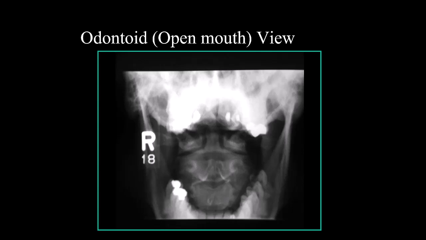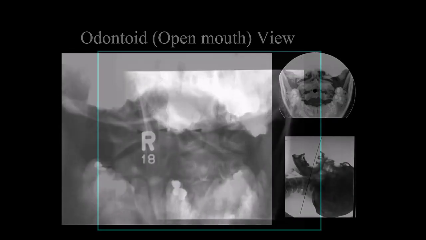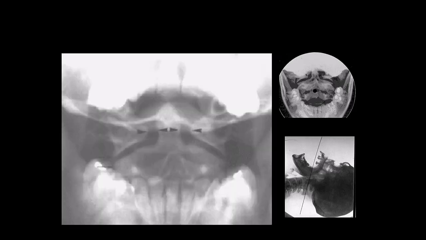Now let's analyze the open mouth odontoid view. The images to the right show the open mouth position and what the odontoid view should look like. To the left, we've magnified that view, and let's take a look at what we see.